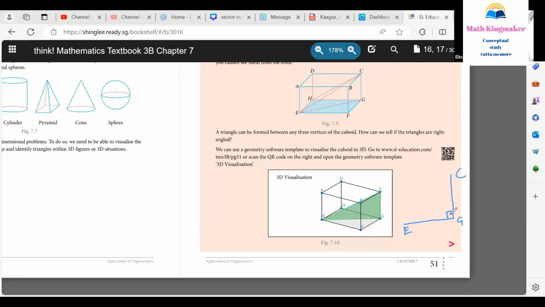So this angle is 90 degrees. Are you getting it? Yes. So that was the purpose of teaching this one, so that you can visualize.